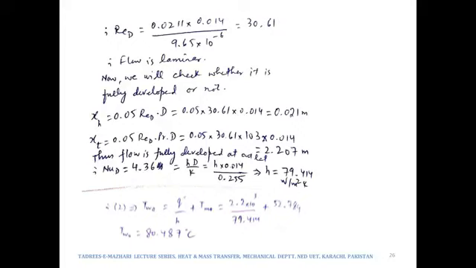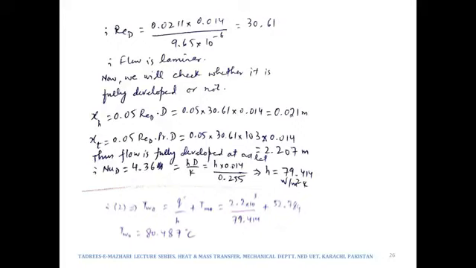So if the flow is laminar, and if the flow is fully developed, and if it is the constant heat flux case, then Nusselt number would be 4.36. So therefore the Nusselt number would be taken as 4.36.